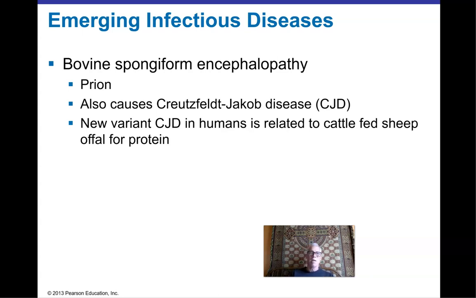So if a cow has bovine spongiform encephalopathy, and someone consumes some part of the nervous system, material that's been left over from butchering, and consumes a prion that was causing that disease, then that prion, that protein, can find its way into the nervous system of the human and start causing degeneration of the brain and central nervous system. And that's called Creutzfeldt-Jakob disease. And that's just a horrendous thing.